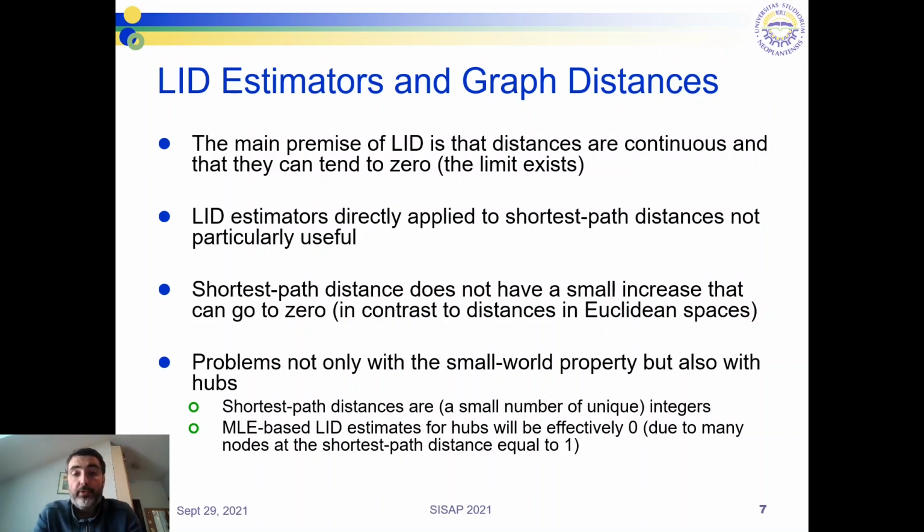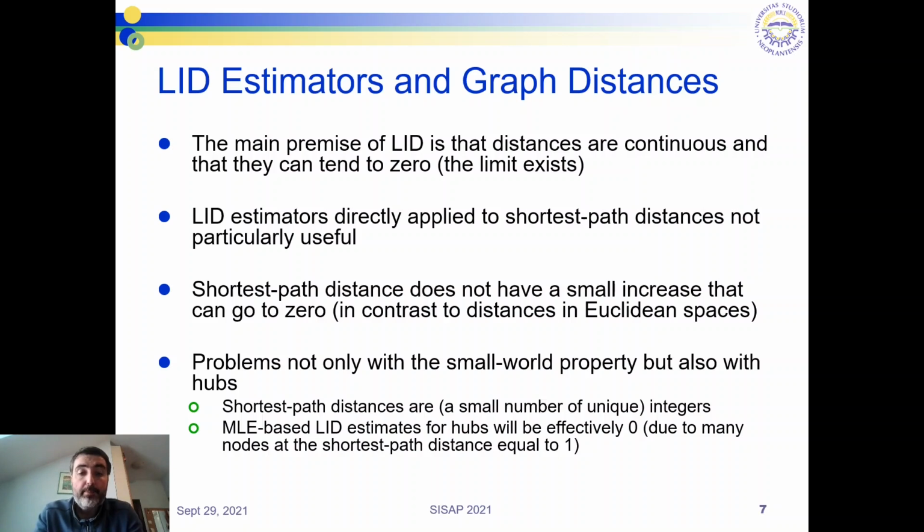Also, real-world graphs, as I said before, tend to have the small world property and also tend to have hubs, highly connected nodes. These can also cause problems. Shortest path distances are not only integers, there will be a small number of such unique integers.